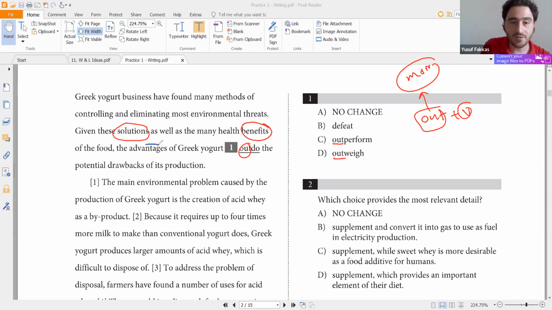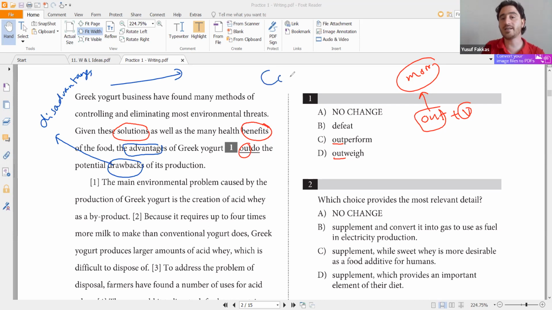The advantages of Greek yogurt, something, the potential drawbacks of its production. So drawbacks is another word for what? Of course, disadvantages. What is the context here? The context is comparison. What are we comparing? We're comparing the advantages to the disadvantages of the production of Greek yogurt.